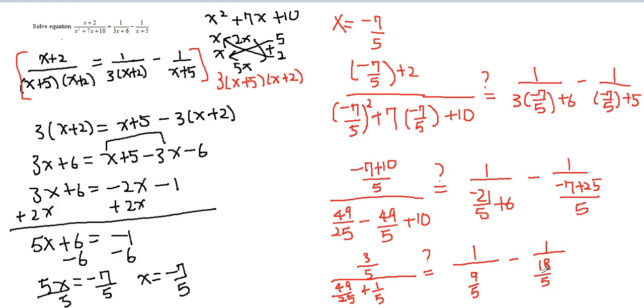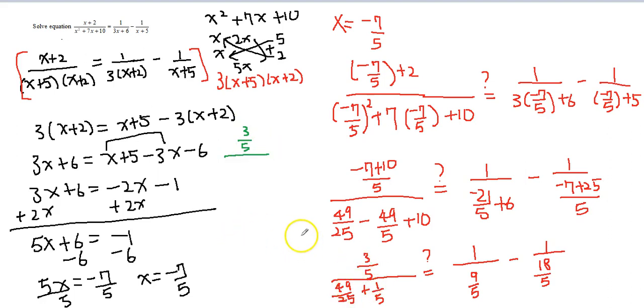Now I'm going to use a different approach so you guys don't get confused. I have a 3 over 5 still on the top. Let's look at the bottom.